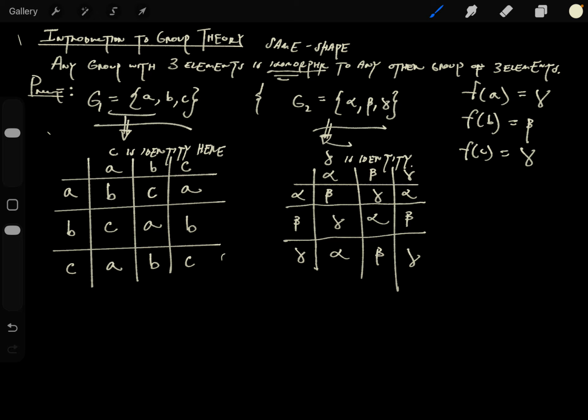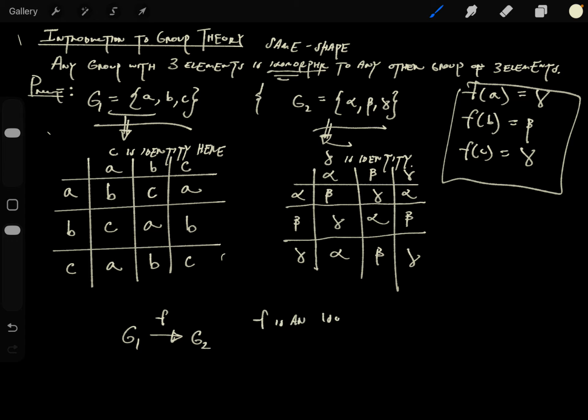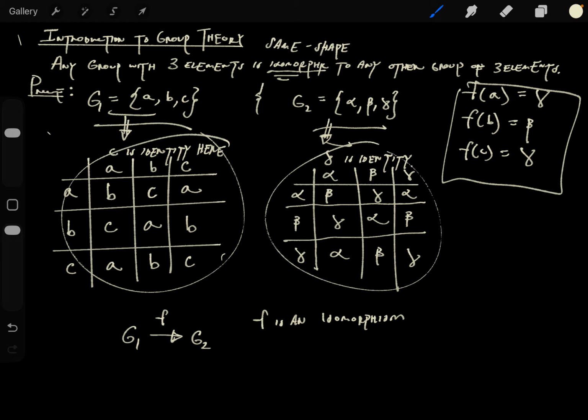This function here is what we call an isomorphism. If F is a function, we say F is an isomorphism. An isomorphism has a very particular definition that we're not going to go into right now, but we should see that these two groups have the same exact structure. You're just changing out the names of these ideas.